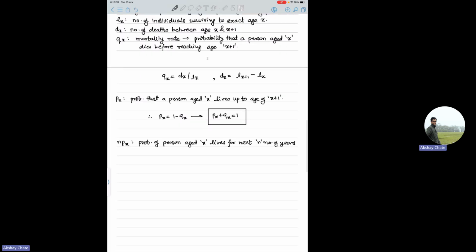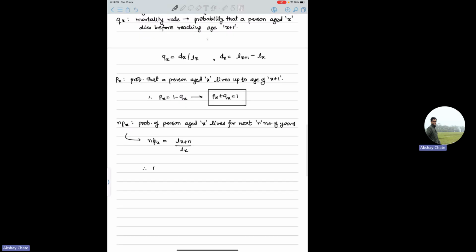It is given as npx equal to Lx plus n divided by Lx. This Lx plus n will always be smaller than Lx because people keep on dying during these n years.